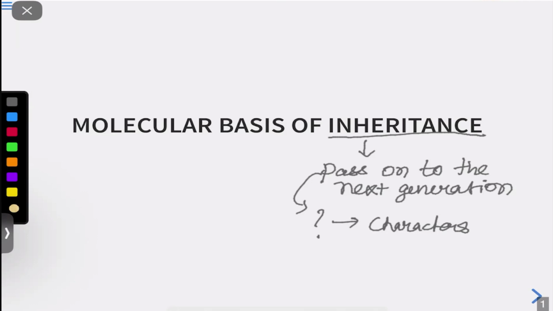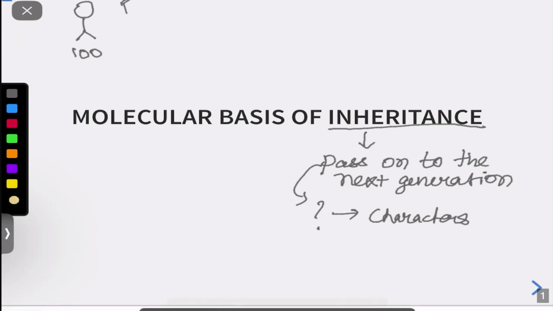So, what governs that these characters are passed? How is it regulated? Because, for your information, if this is the parent and it has 100 characters, and this is the other parent, and this parent has, for example, 50 characters, their offspring, if you cross them, they will have an offspring.